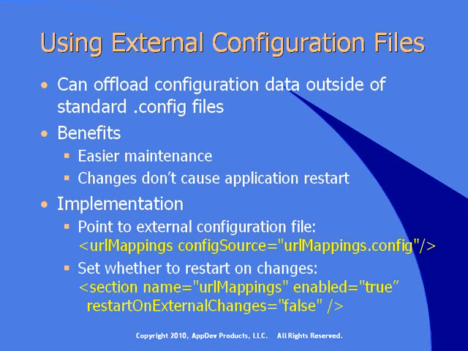And then you can also specify whether or not to restart the application on changes. You need to make this change to the section attribute within the root web.config file. That's the master web.config file that's located along with the .NET Framework files, along with machine.config. So this is a handy technique for really keeping control of your URL mappings.